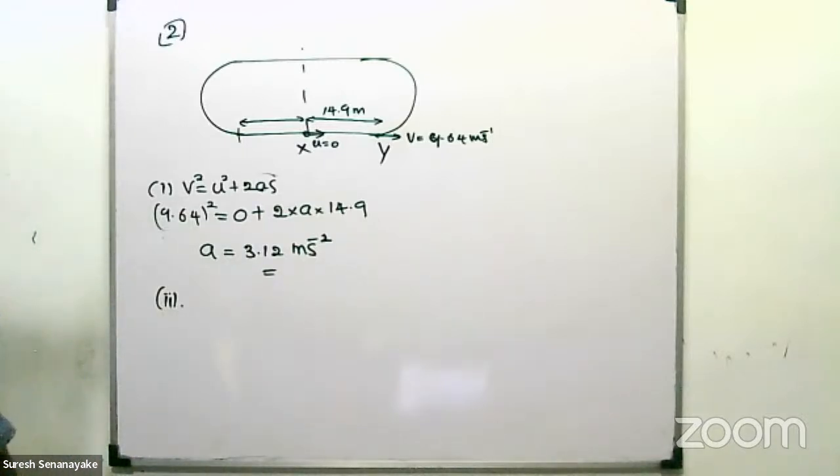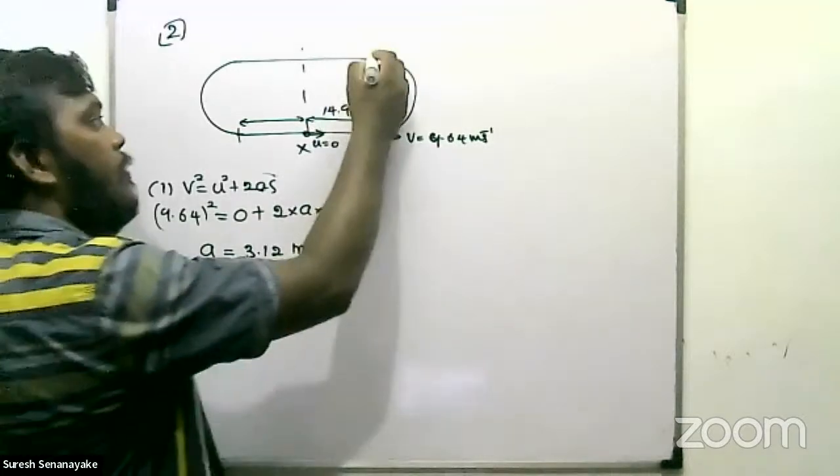The skater enters the curve at point X with a speed of 10.9 meters per second, and exits with a speed of 9.9 meters per second, right? Calculate the average angular acceleration of the skater between these points.